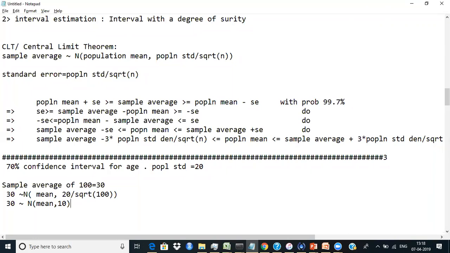Now, what we were saying? How will you use the Z table? Okay, so let's say 30 minus mean divided by 10 comes from N(0, 1). So how do you use the Z table?